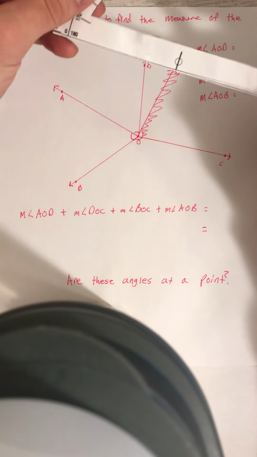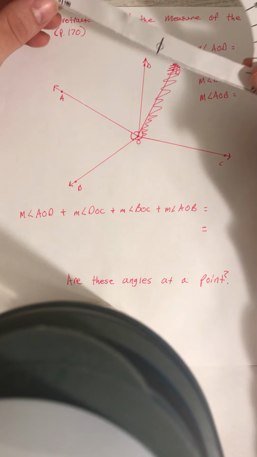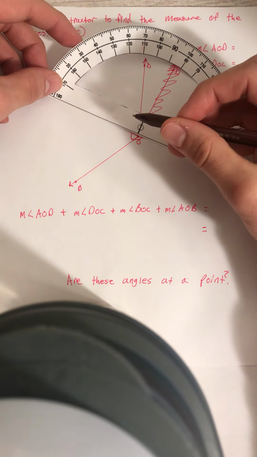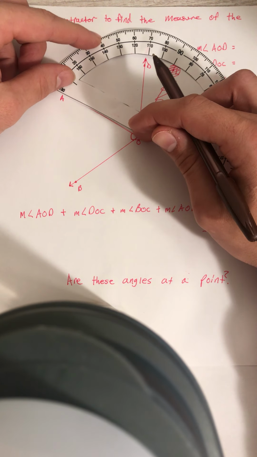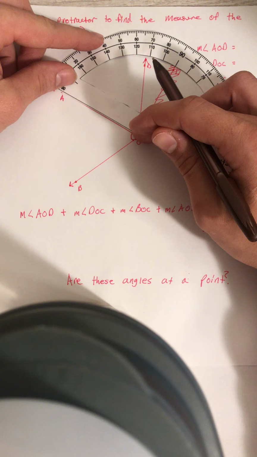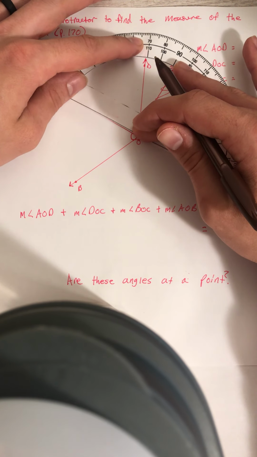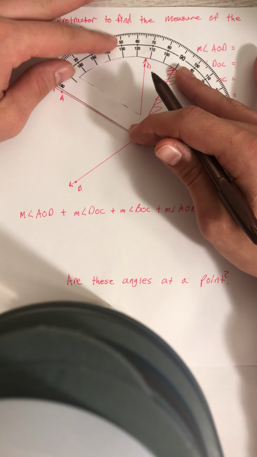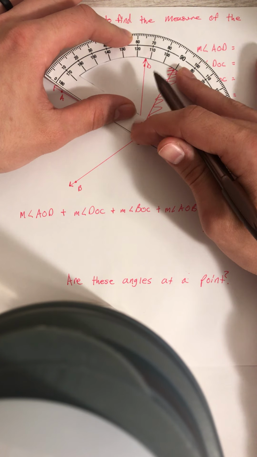How I do that is just like if I was finding the angle off of a straight line, but I can do it in 2 different ways. I'm going to put the midpoint of my protractor on the center, going up the line, and I'm going to find the measure of angle AOD here. I need to make sure it's good and set. And I see that my measure of angle AOD looks like it's 65 degrees.